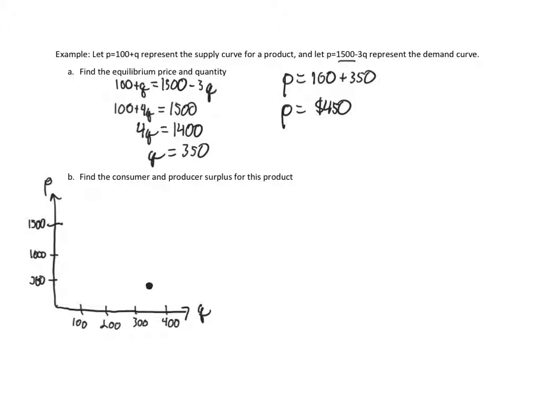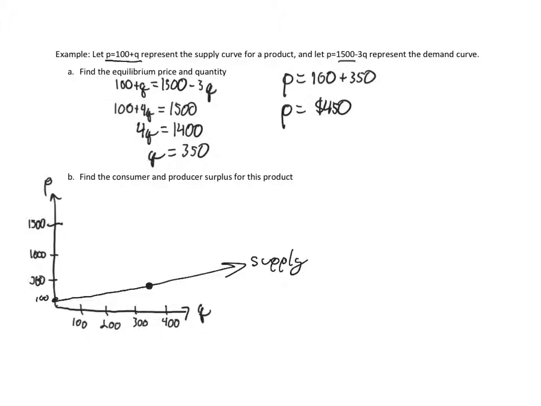So let's graph this P equals 100 plus Q graph first, our supply curve. The y-intercept would be 100, and then we know it must go through that equilibrium point. So here's my supply.